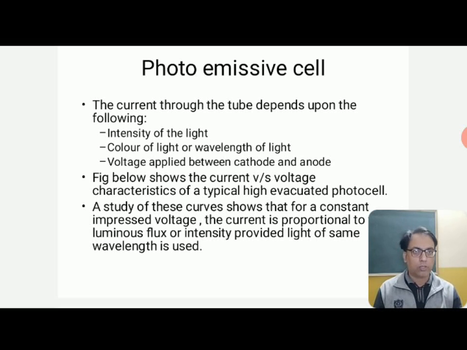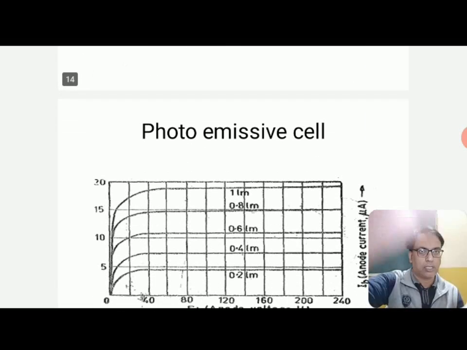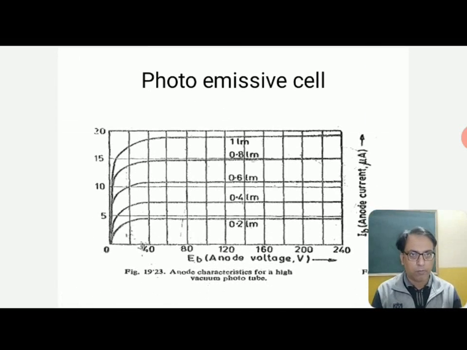Now, the figure below shows the current versus voltage characteristic of a typical evacuated photocell. This is a curve between the anode current and the anode voltage.